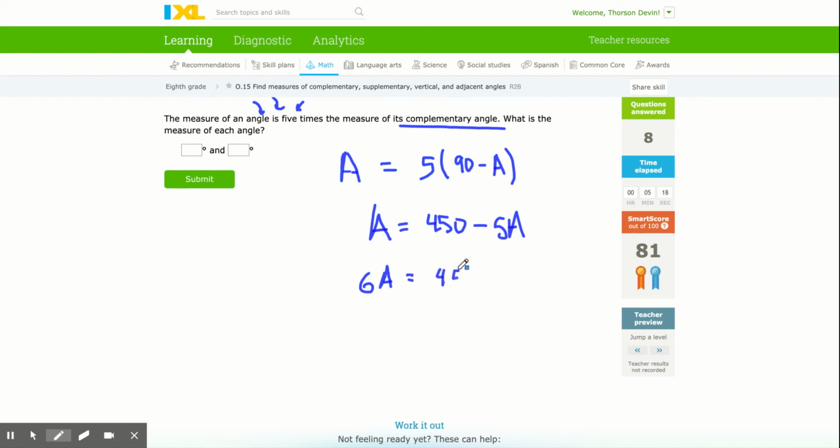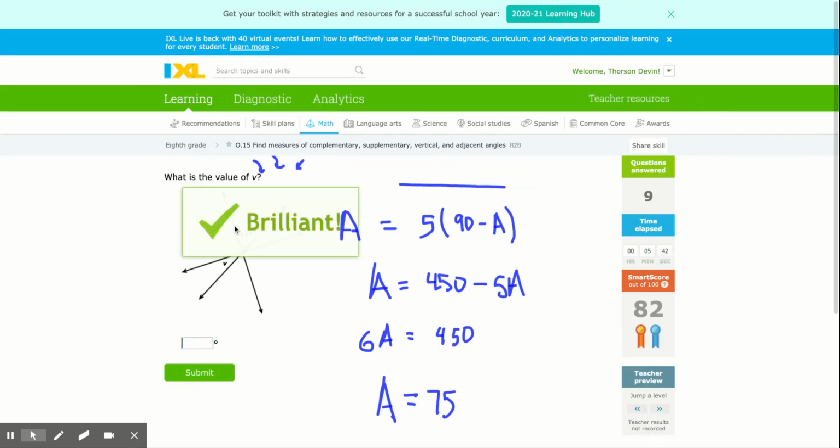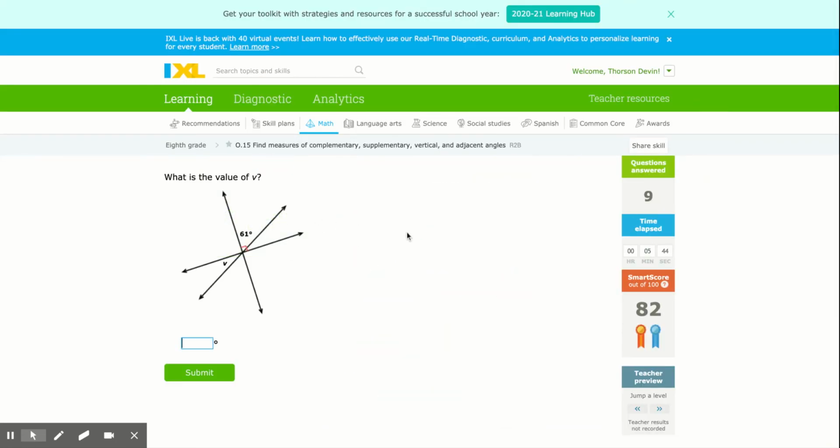Divide by 6 and we have A being a value of 75. So my one angle measure is 75, and then the other one would be 90 minus 75, which would be 15. Those two add up to 90, and 75 is 5 times 15. So make sure you just read carefully.